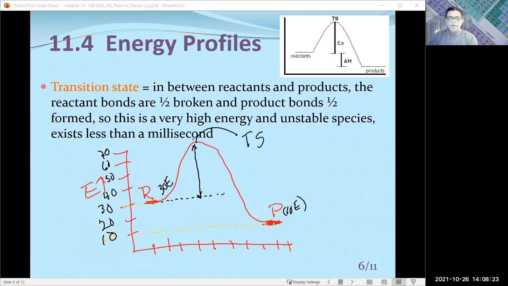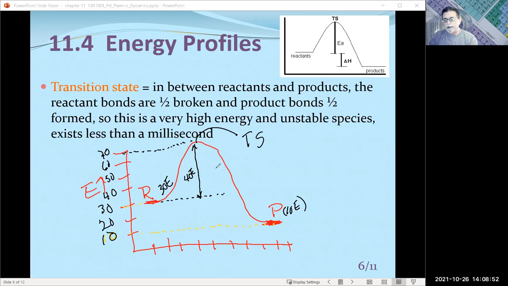If we extrapolate, we find the energy value there at 70. So from 30 to 70, guess what? This is 40 units of energy, because its topmost height is 70, but it started off at 30. So the difference of where you ended up minus where you started is 40 energy units.